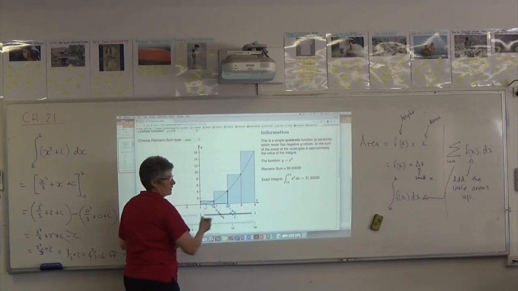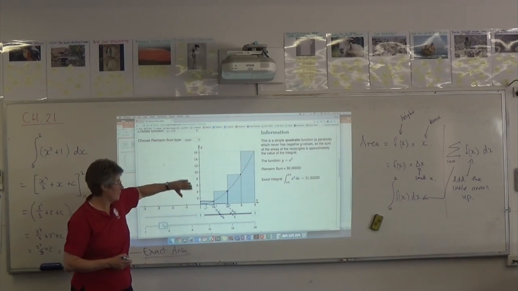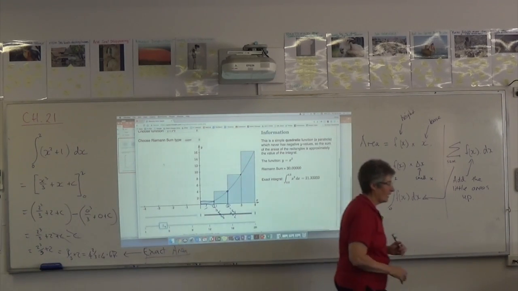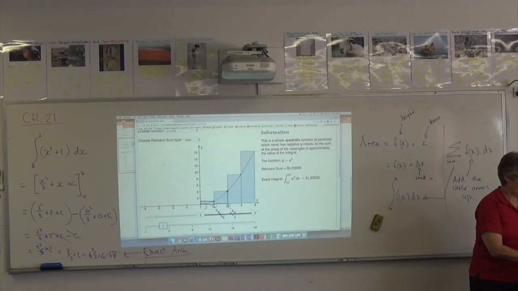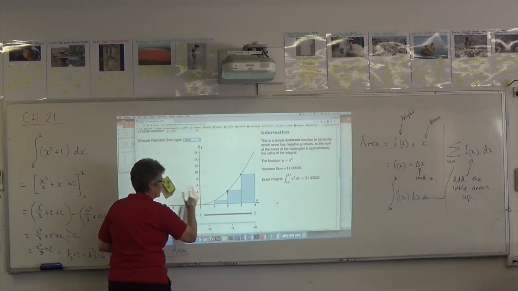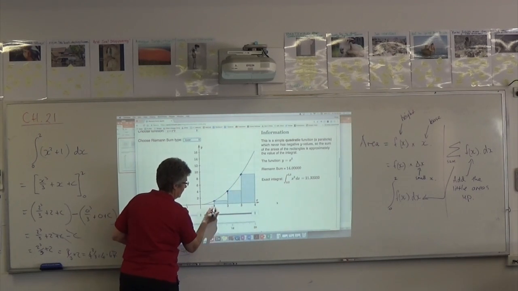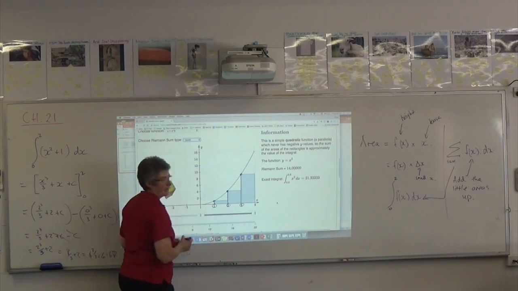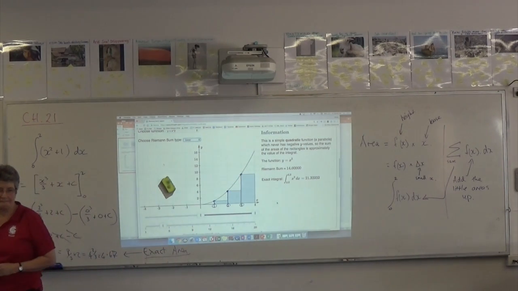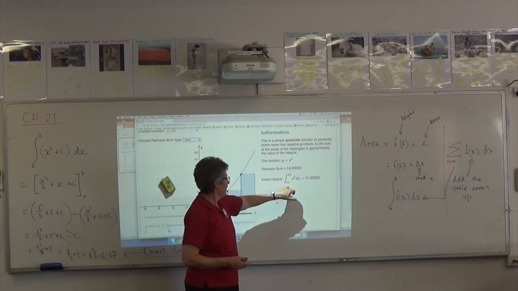That's my value there. So the only trick between your overestimate and your underestimate is picking the right points. If I go to the lower one, I've got to look at my graph and think, okay, it's that point there, that point there. I've got to match it with that one, and that one. When we're finding the exact value, we find our integral.